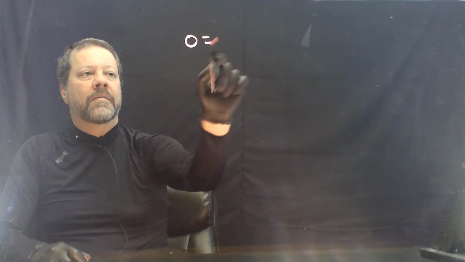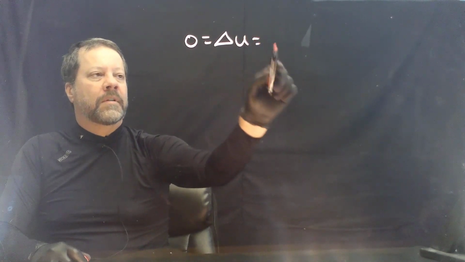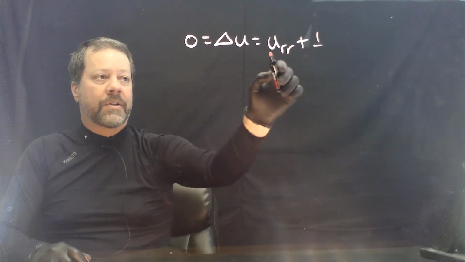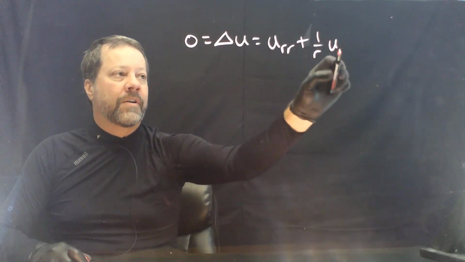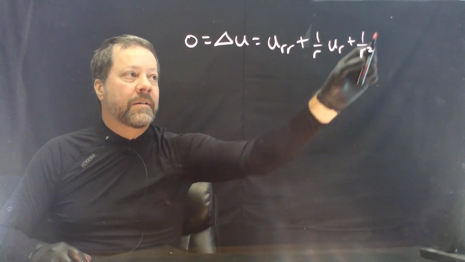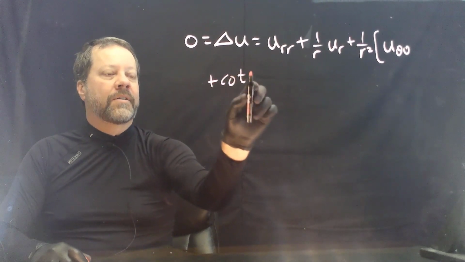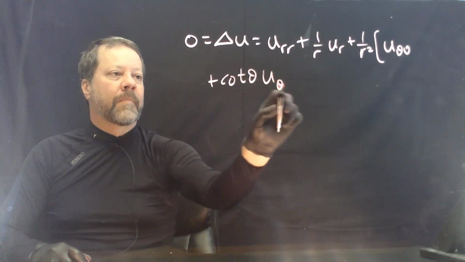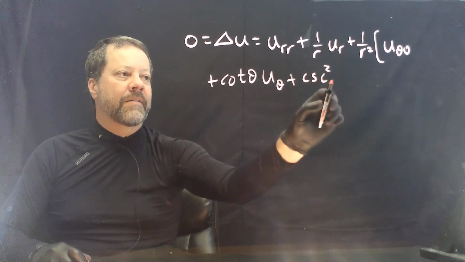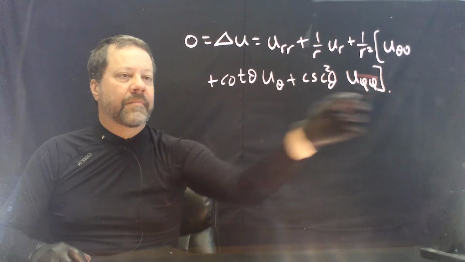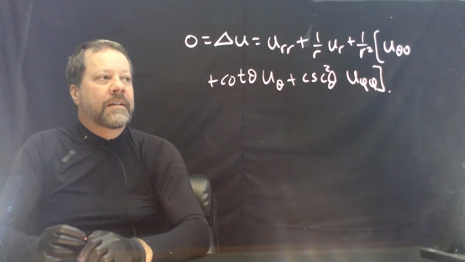We could have derived the spherical harmonics from its own differential equation. Recall that the differential equation begins with second order partial of u with respect to r, 1 over r u r plus 1 over r squared times u theta theta plus the cotangent of theta u theta plus cosecant squared theta times u phi phi, all equal to 0.